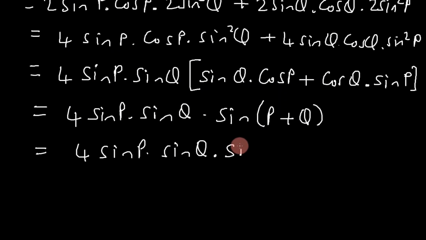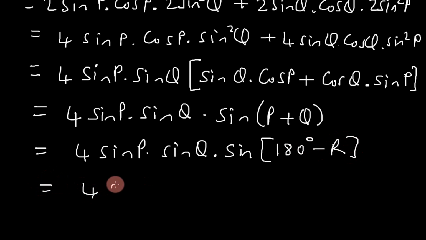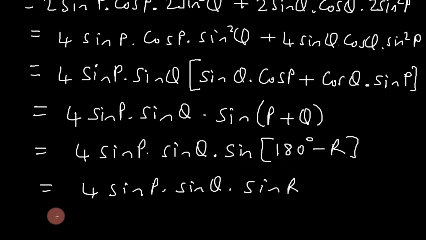So the sine of p plus q is the sine of 180 minus r. Now, using quadrant rules, the sine of 180 minus theta is the sine of theta. So this is the sine of r. And now we have proved the right-hand side.